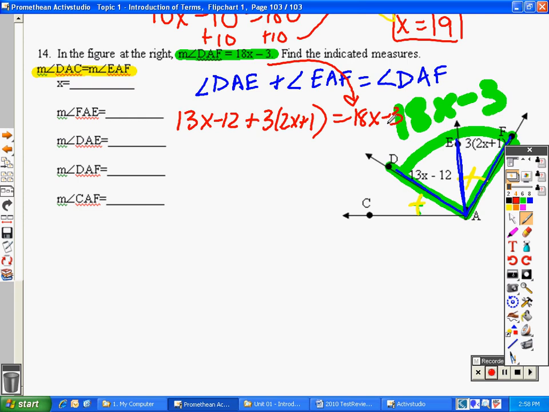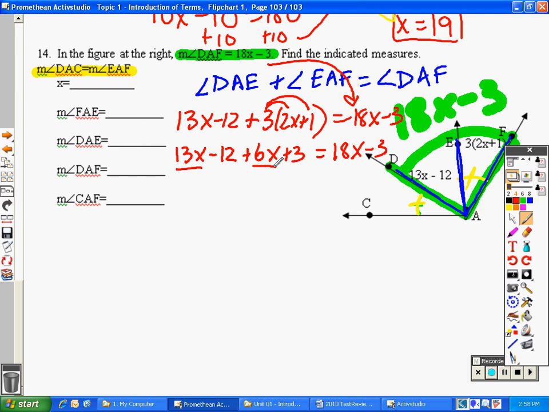All right, I'm going to simplify the complicated left-hand side first. We've got 13x minus 12 plus, and now I'm going to distribute that 3, 6x plus 3 equals 18x minus 3. Let's combine all our like terms.